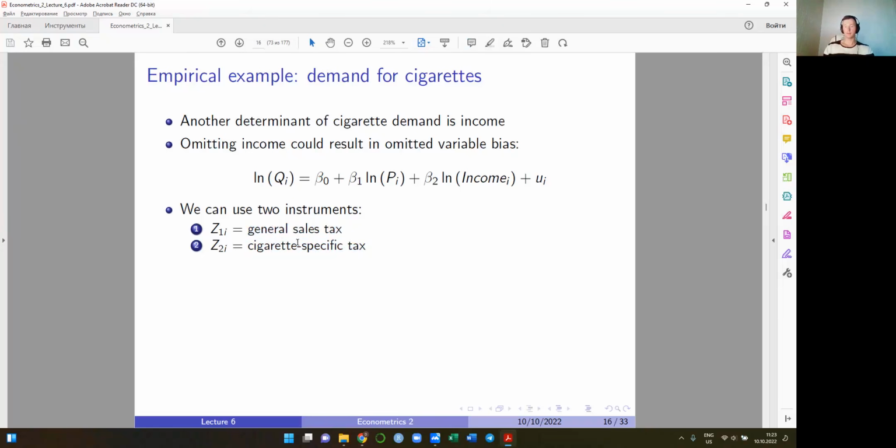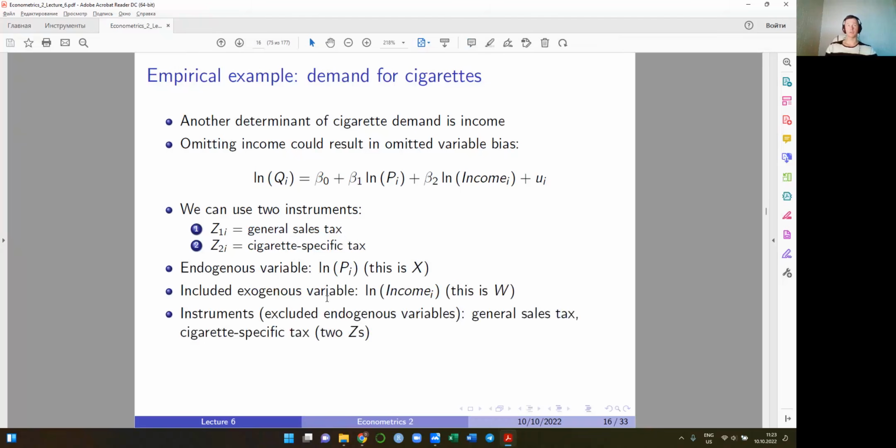So cigarettes have two taxes applied to their prices. The endogenous variable is log price. This is what we called X in the previous model, and the included exogenous variable is income. Why is it exogenous? Well, we don't think that income is related somehow to the error term.